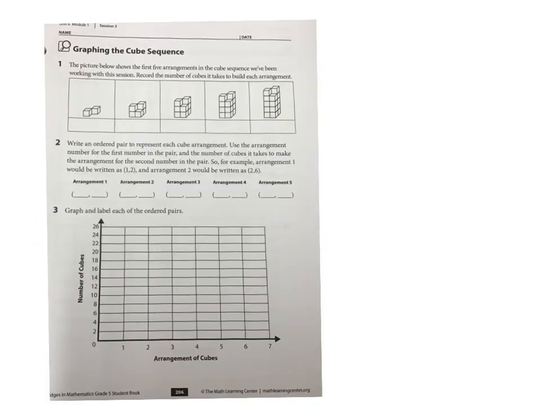Okay? So we take a peek now in our math workbook, page 206, and we're going to start talking about graphing our cube sequences. Okay, so cube sequence number 1, we put that in our math notebook, that had 2.